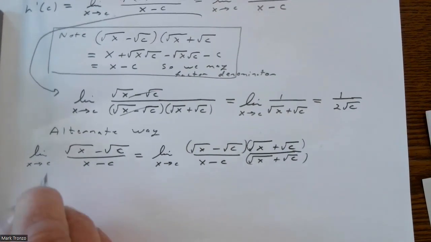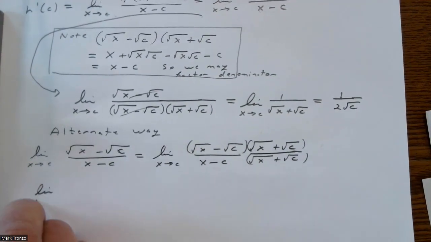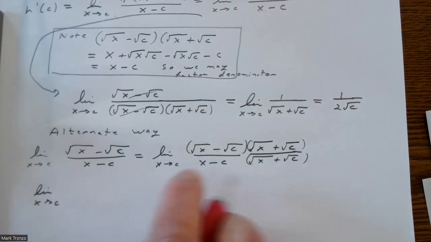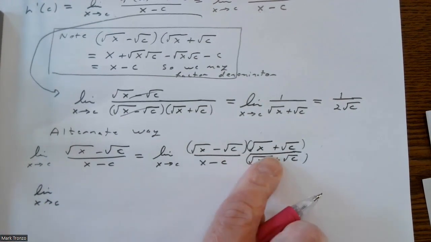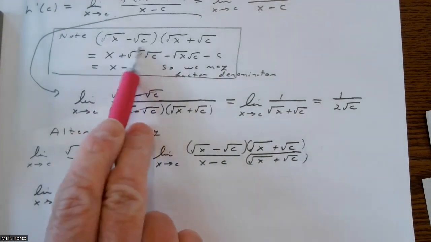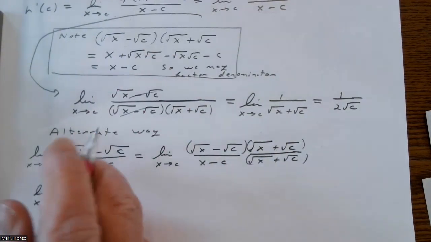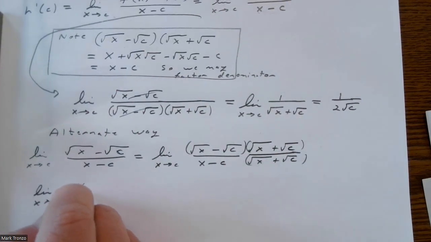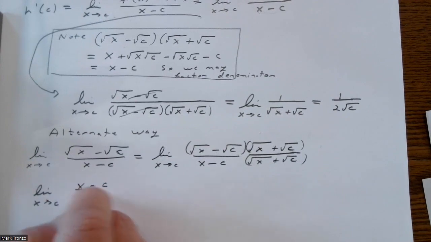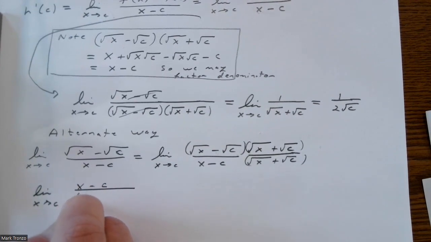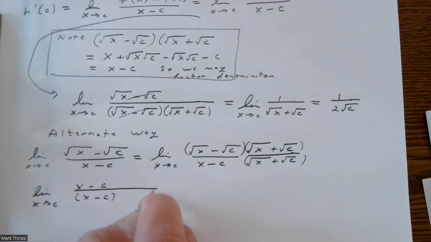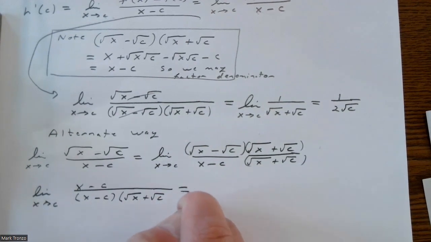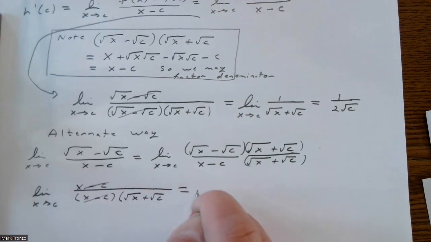And then the numerator, once again, if you multiply it out similar to what we did up here, you would find that's going to be x minus c over x minus c times square root of x plus square root of c, like this, and these will cancel.